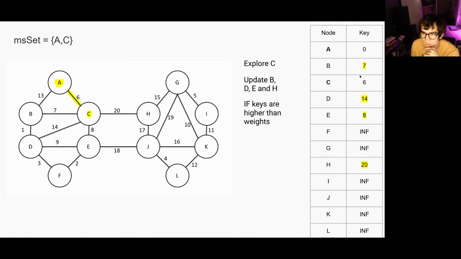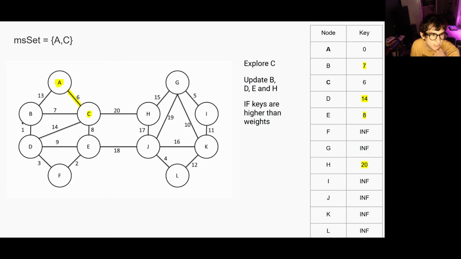Now that we have this, we want to select which we're going to explore next. The 0 and 6 would be the lowest. However, we want to explore whatever is not already in the set. So the next lowest would be B, right?